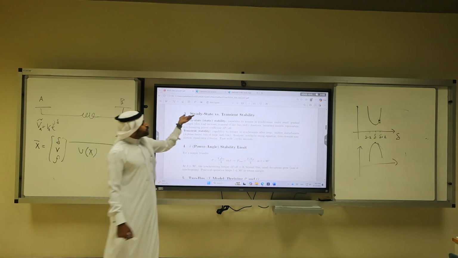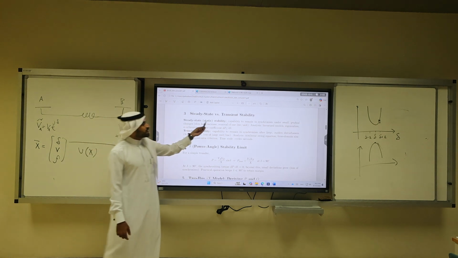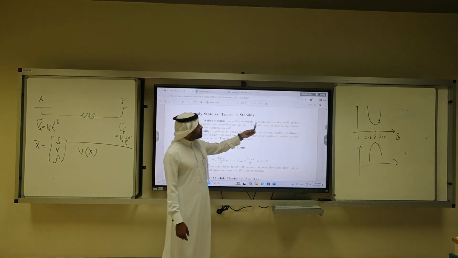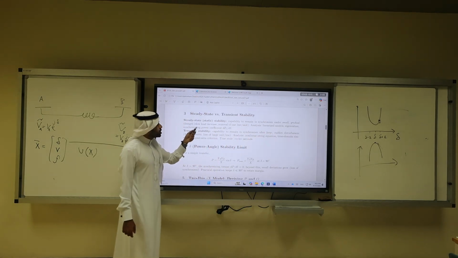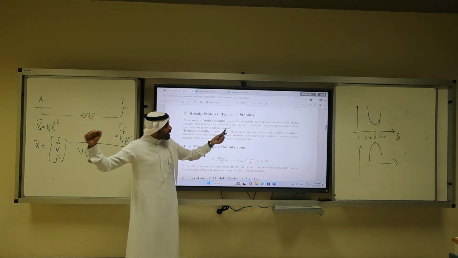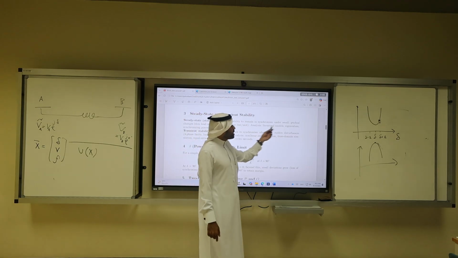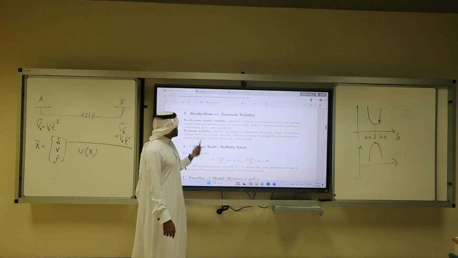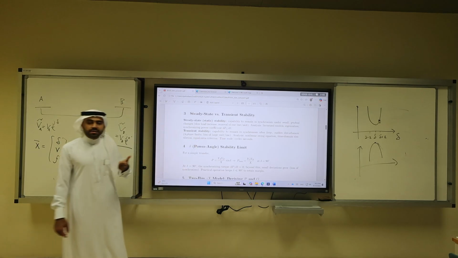So what is the difference between steady state and transient? Steady state, or static stability, is the capability to remain in synchronism under small gradual changes, such as slow load increase or removal of a line. In this analysis, what we're going to do in 520 is have linearized models, eigenvalues, synchronizing power coefficient, etc. Transient stability is in other courses.